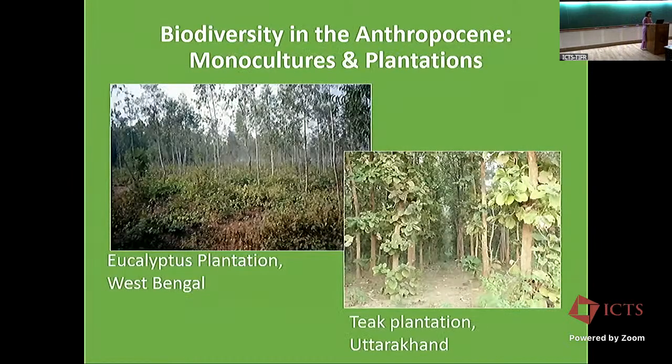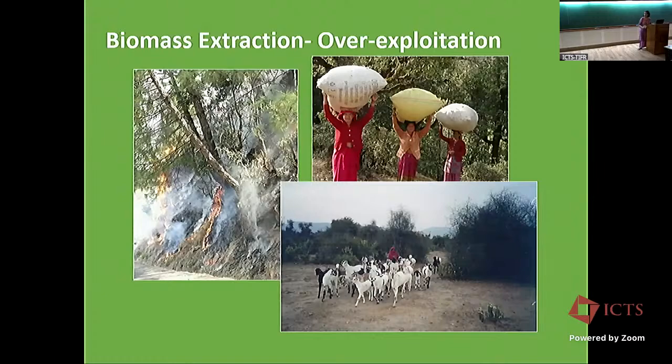For instance, people in our country are still heavily dependent on forests. So they use a lot of products, including leaves. As you can see, these women collecting leaves for their cattle. And then there's grazing. There's a lot of use of fire in these ecosystems, which sometimes goes out of hand because fire is used to generate new grass in many of these places.